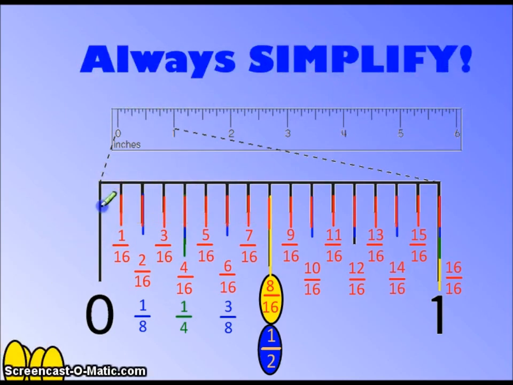Looking at our ruler again, if we were measuring an item that was 2/16, we would want to simplify 2/16 to 1/8. So we would say we have 1/8 of an inch. Likewise, if we continue to 4/16, we would simplify that fraction in the same manner, finding a common factor of 4 and dividing both the numerator and the denominator by that common factor.